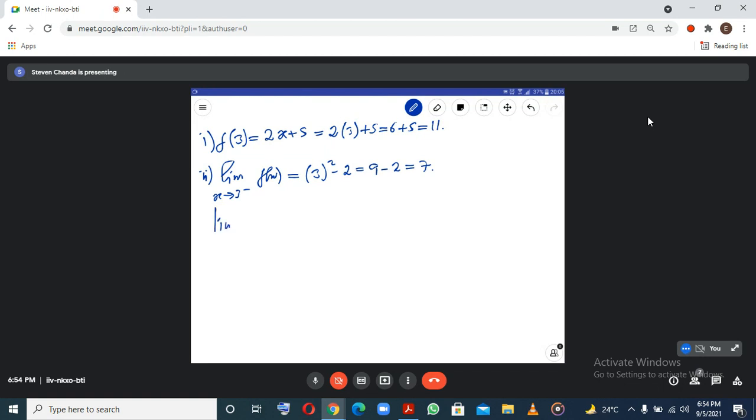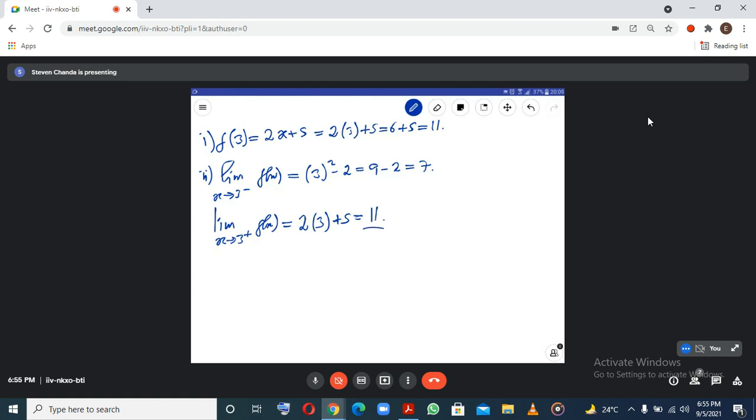Then the limit when x is approaching 3 from the right. Which function do you use? For this one, you're going to use the third one because that's where you are coming from the right, greater than 3, yeah? For the same reasons that I gave in the earlier example. So you plug in 3 on the third piecewise equation. Then what are you going to have? You're going to have 11.